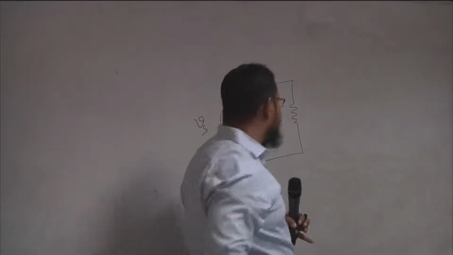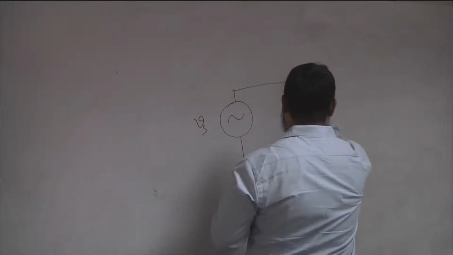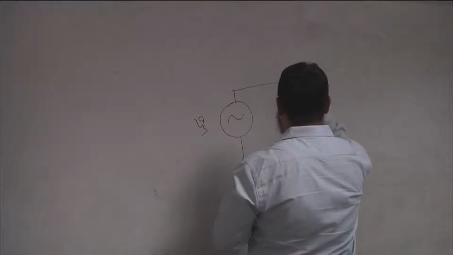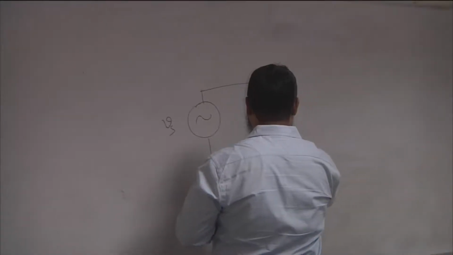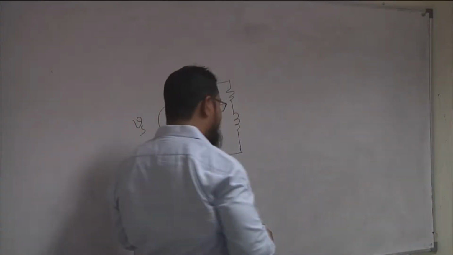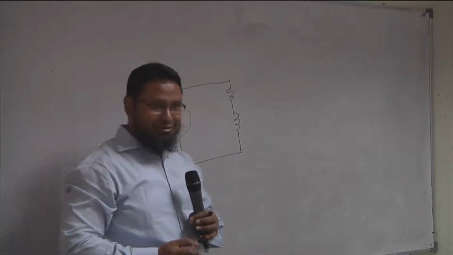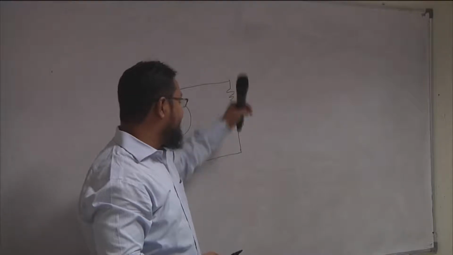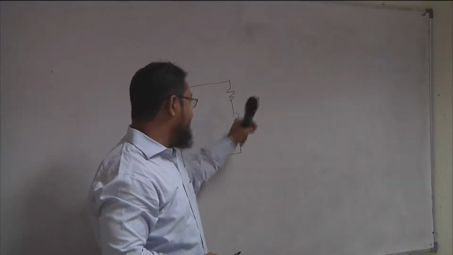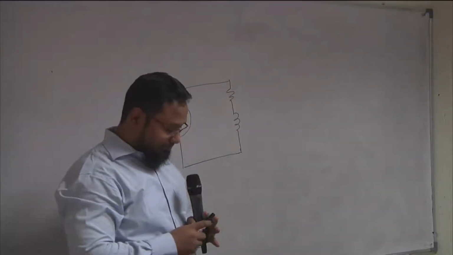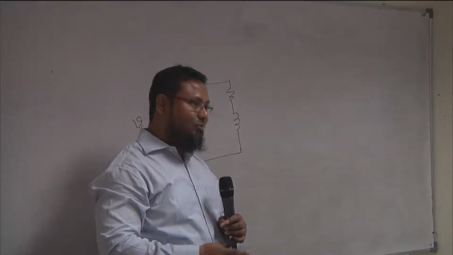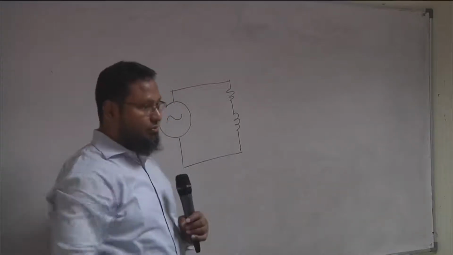But consider this case. Let's change this circuit a little bit. Let's say we have a resistor and an inductor. How about now? Is it the same? No, obviously it's not the same, right? We have two voltage drops. So in this case, the voltage across the resistor or the voltage across the inductor would be very different from the source voltage.